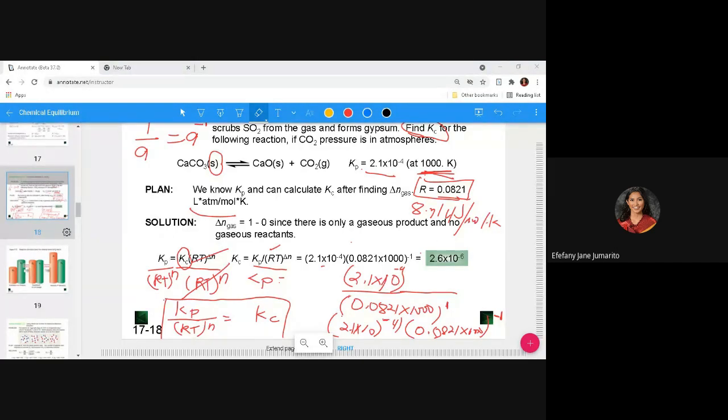How many moles of gases are present in your product minus how many moles of gases are present in your reactant. The moles are your coefficients. So that is 1 here, class, because 1 minus 0.